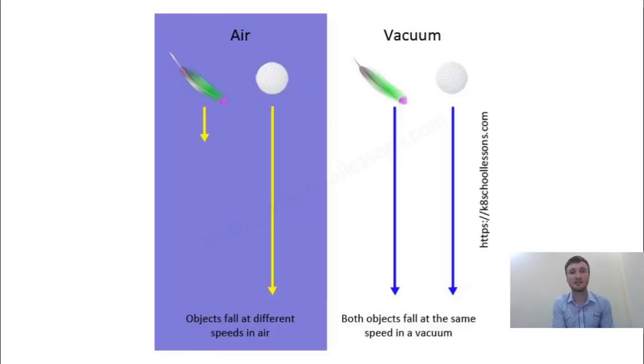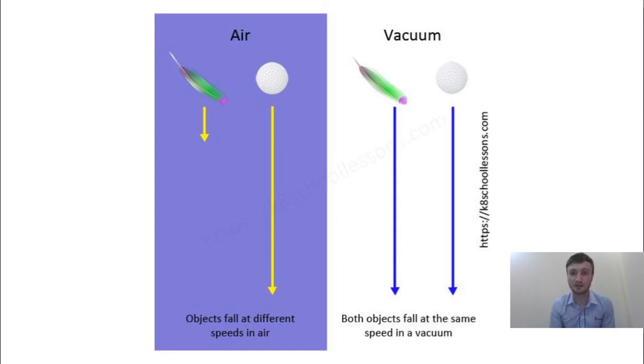As you can see here, when we have air, the objects will fall at different speeds. But if we have a vacuum, that means there's no air. So in space or on the moon, there's a bit of an atmosphere, but not very much. So when you have no atmosphere, no air resistance, then objects fall at exactly the same speed, even if they're different weights.